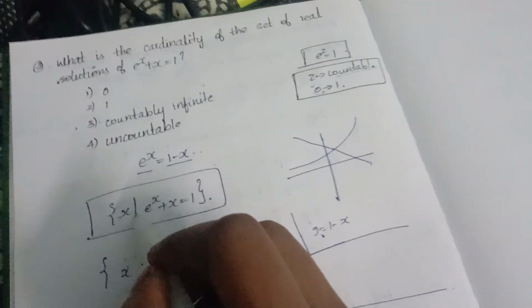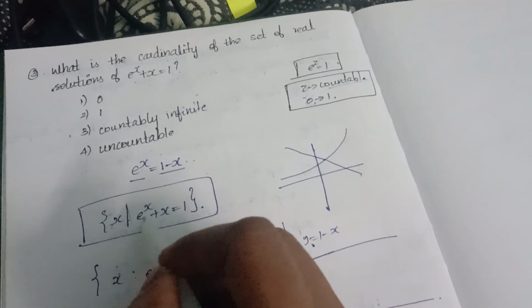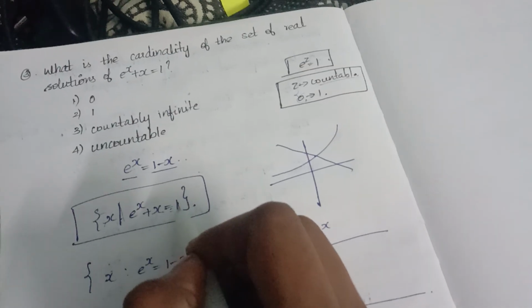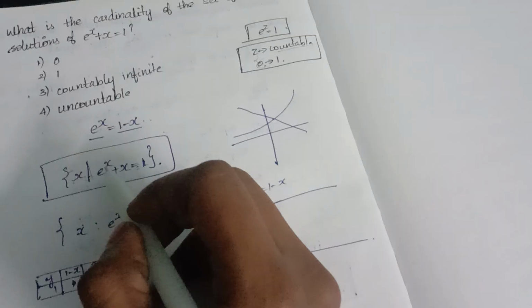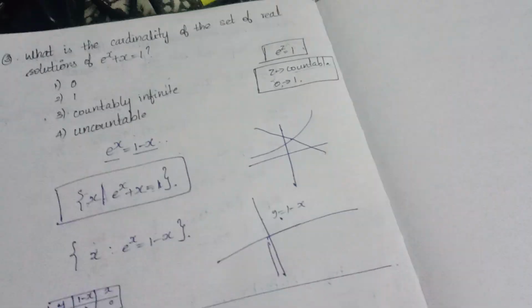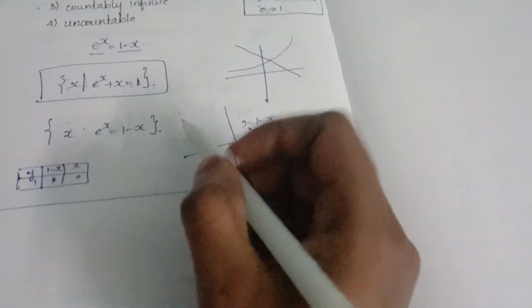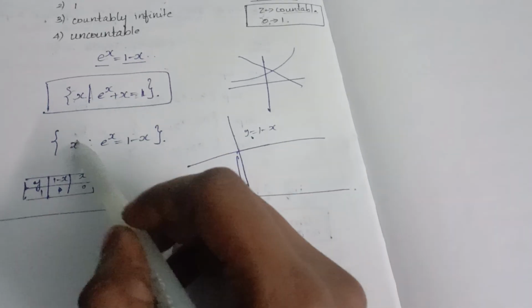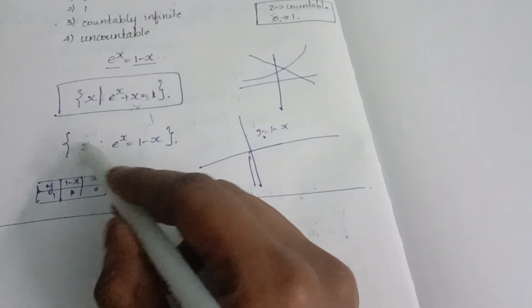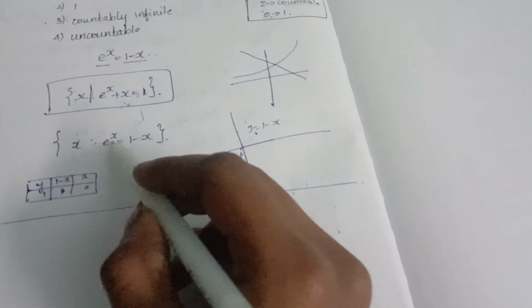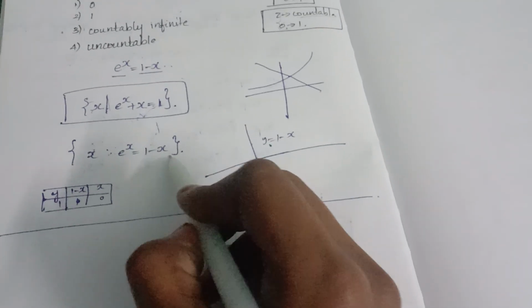What are the solutions of x that should satisfy e^x + x = 1? How many values do we obtain through this form? We have to find that. For all x, it should satisfy the condition e^x = 1 - x.